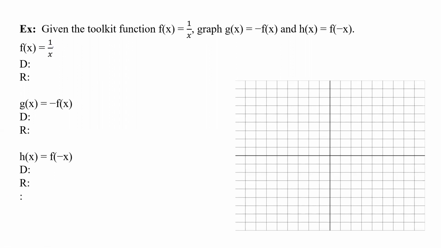And so what is 1 over x? Well, if you have your toolkit function, it's going to be basically shapes that kind of look like this. Now, this one, I'm not going to graph exactly. If we have 1 over 1, that's 1, so we have that point.